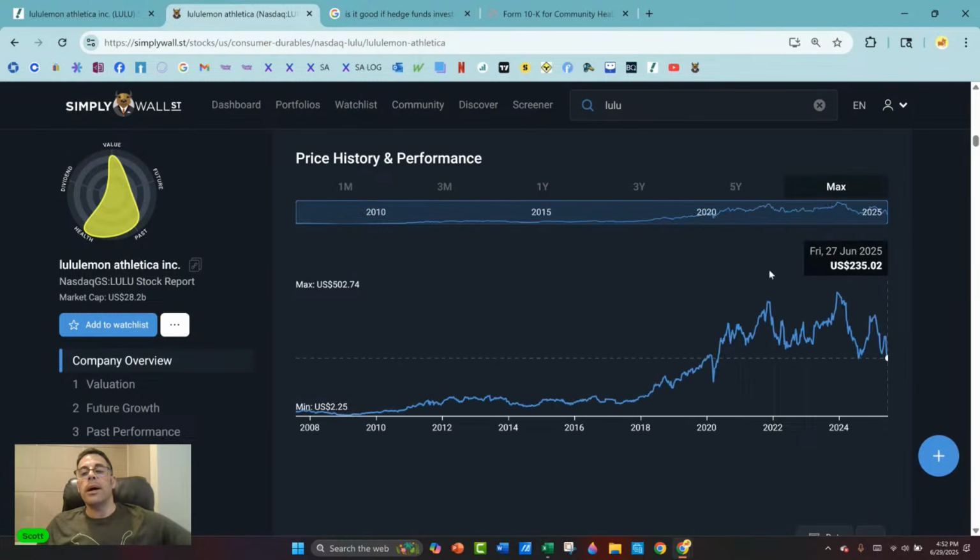So even though I earlier said that it's probably at a good resistance point and at its level, I don't think there's much downward pressure, but I don't think there's much upward pressure either. So I could see this trading sideways for a number of years in a pretty tight range.